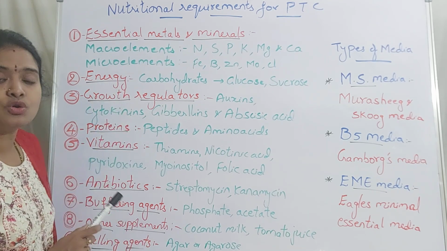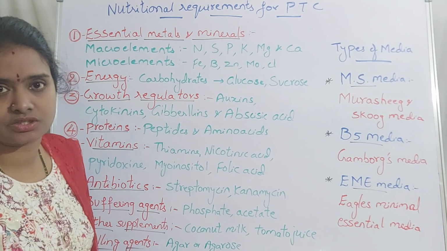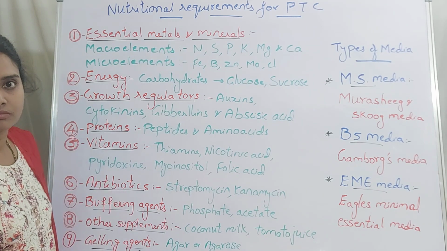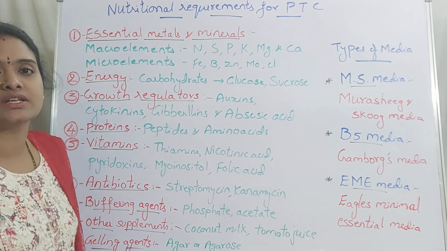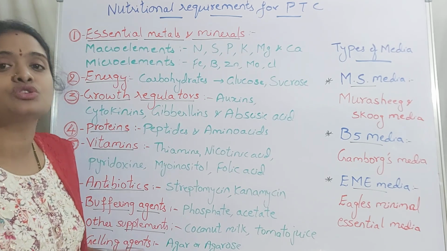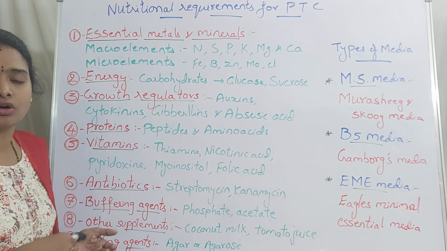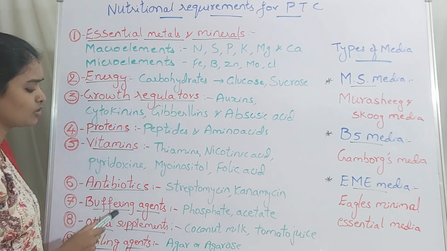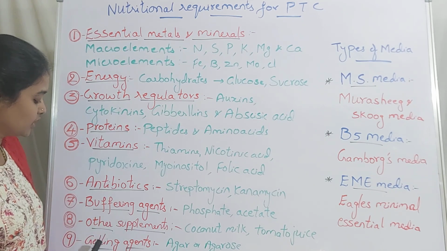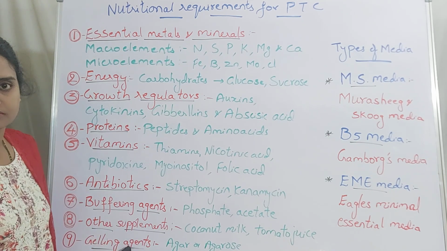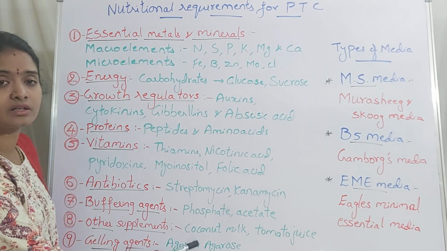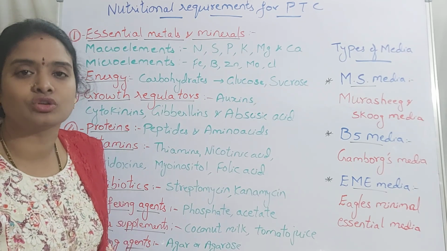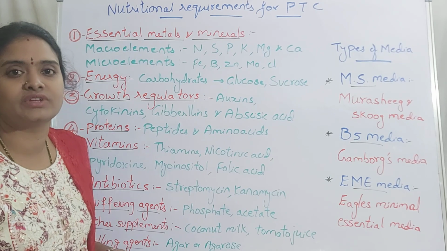Then, as you want a cell suspension culture process, you are not going to add any gelling agent. In case you want a semi-solid media over which you want to produce a callus or inoculate the explant, then after adding all these substances, you are going to add the gelling agent such as agar or agarose.